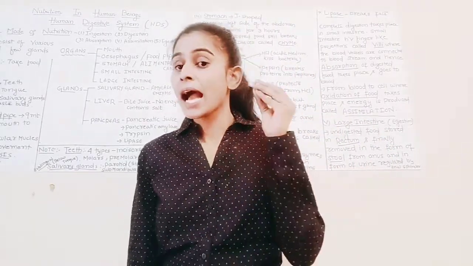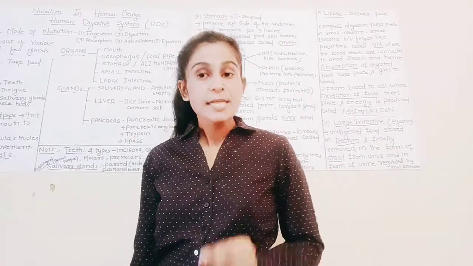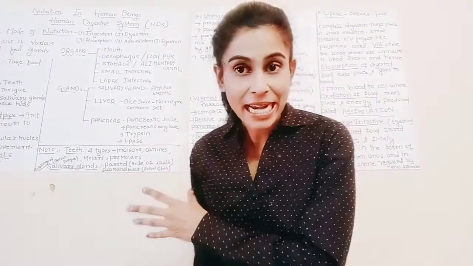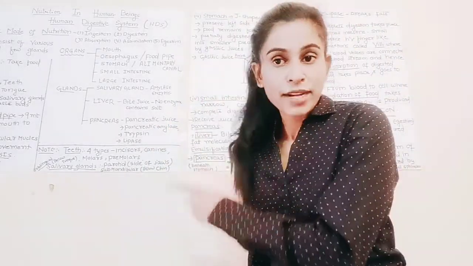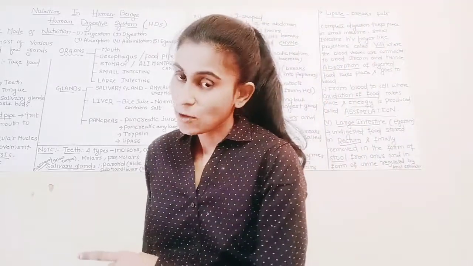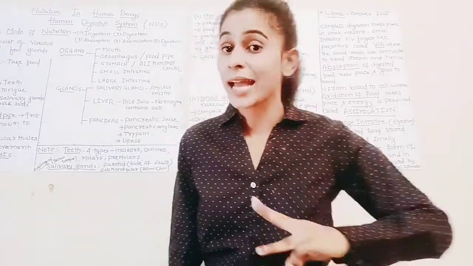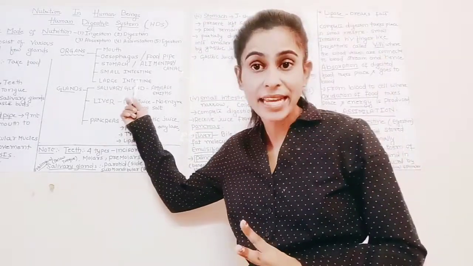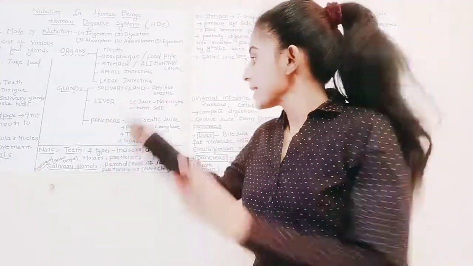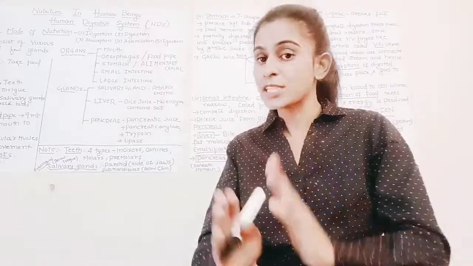I have told you that a few glands also participate. What are those glands? They are your salivary glands, the second one is your liver and the third one is your pancreas. We will be discussing these along with the digestion process.